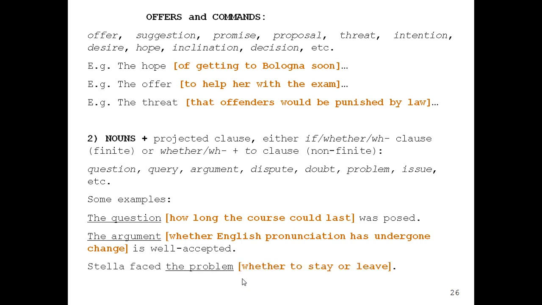Finally, Stella faced the problem whether to stay or leave. Because in order to know which problem Stella faced, we need that whether clause. So thank you very much for your attention, and please study this section very carefully because it's one of the most important, and then go on to the next lecture.